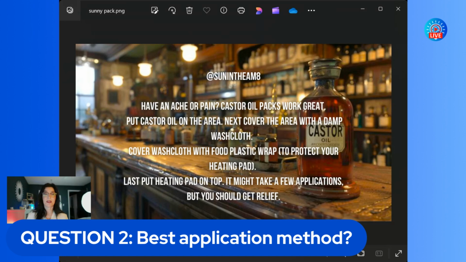Put castor oil on the area and next cover it with a damp washcloth, which I hadn't heard about before. Most people will say put the castor oil on, cover it with plastic wrap, which she does mention here, but I hadn't heard about the washcloth before. So I guess that's obviously adding some moist heat to it. And then cover with plastic wrap and then use a heating pad.